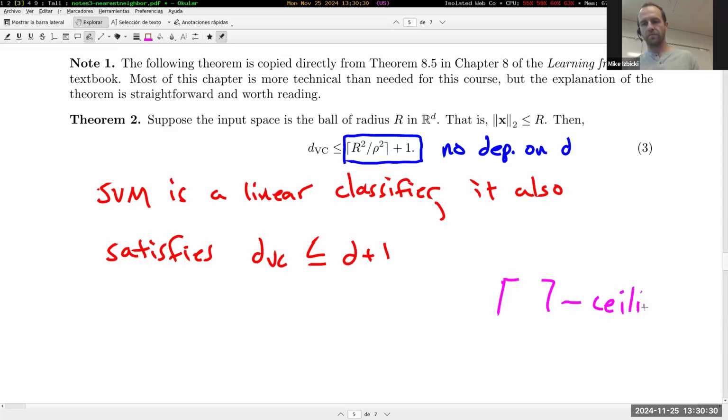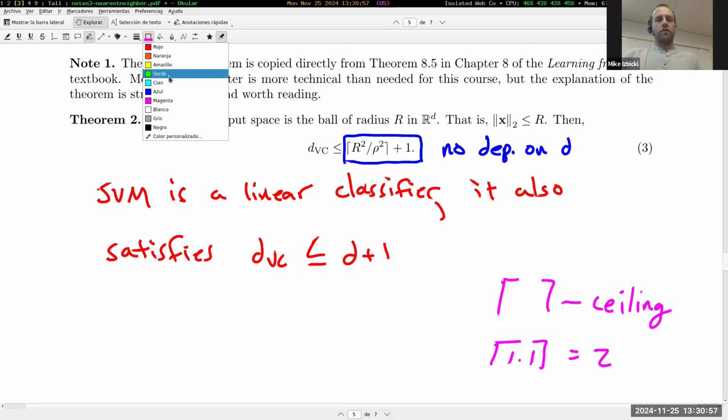And so something like 1.1 would be equal to 2. And so the VC dimension here is still going to give us an integer number, and so it still fits with our definitions of VC dimension that we've talked about before that assume that the VC dimension has to be an integer. So that's one weirdness about this equation here.